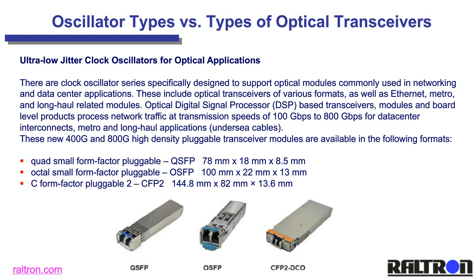As I said in the beginning, we have product, and we're concentrating on product for optical transceivers, which are these type of devices shown on this chart, but also boards, modules, larger boards that also are using optical DSPs, and which are used for data center interconnect, metro, long-haul applications, etc. These other boards, in general, sometimes use clock oscillators, and sometimes they use VCXOs.